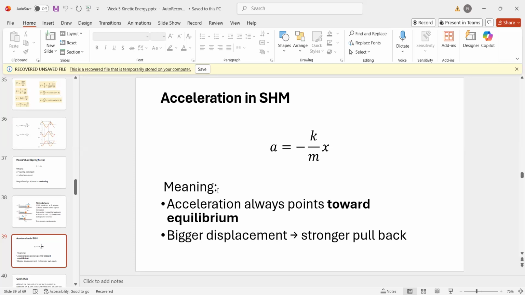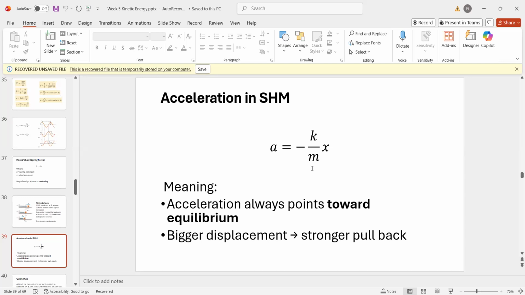So when I replace my force with mass times acceleration, and I want to find acceleration, I'll divide by the mass. So you have k over m multiplied by the extension, and the minus sign still remains. So that's what we have here.